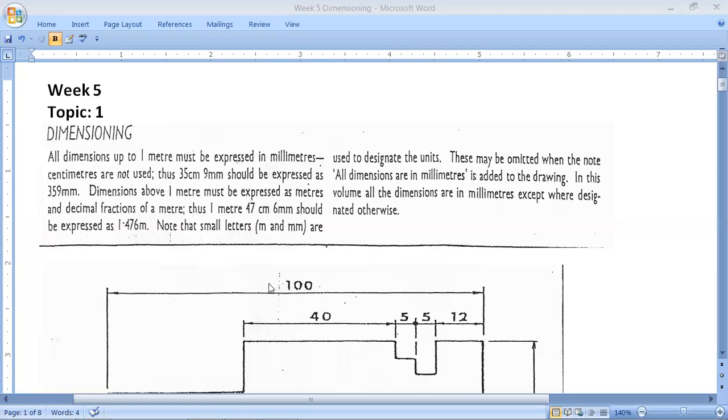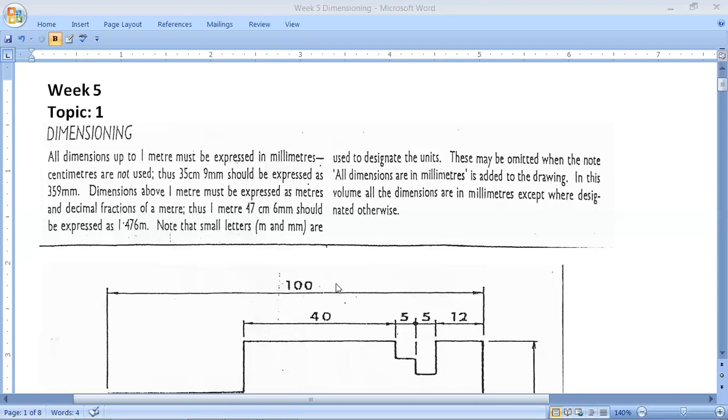If you measure an object that measures 5 centimeter, you have to multiply by 10, and you're going to dimension on the drawing 50. You're going to write 50 right here over the dimension line. Do not place 5 cm or 5 centimeter; it's not technically accepted.